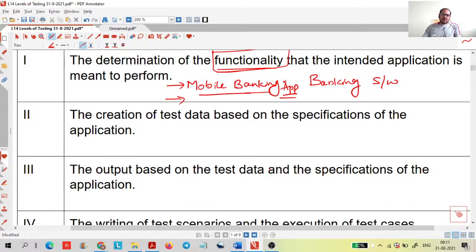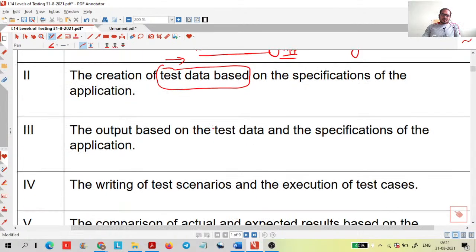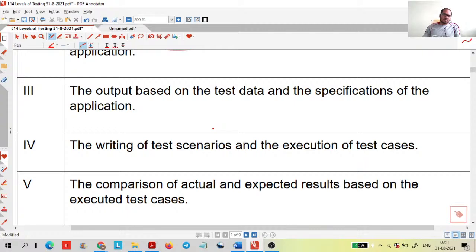Likewise, the creation of test data based upon the specification. The test cases, the test data based upon the application features, then the output based upon the test data. Input data, output data, based upon the features.